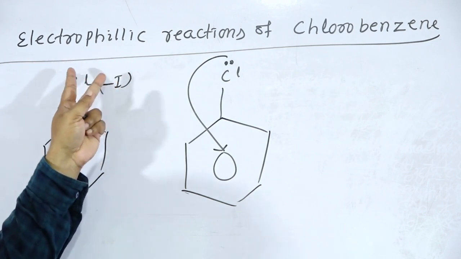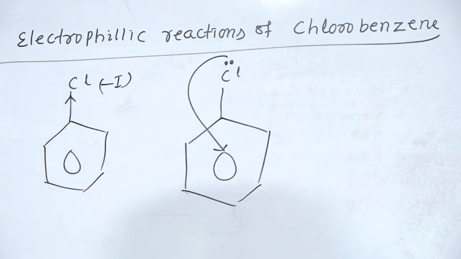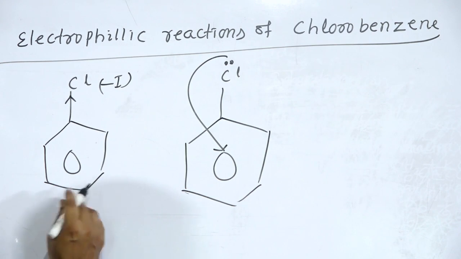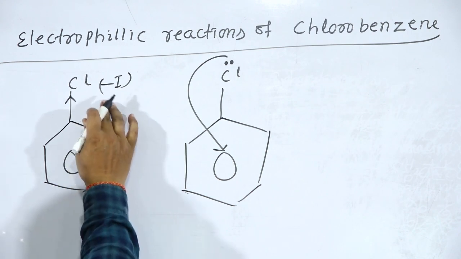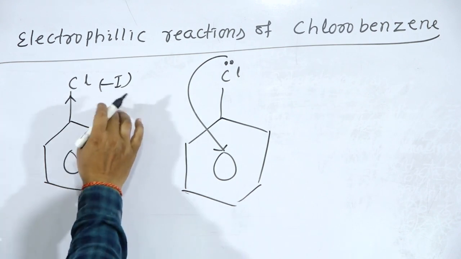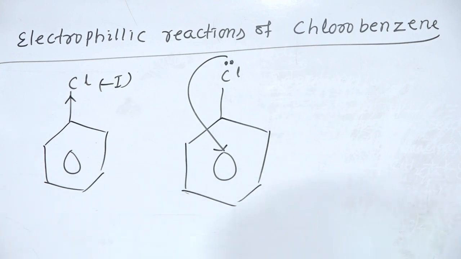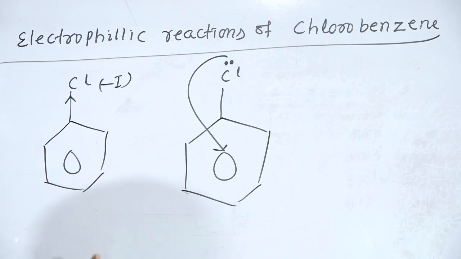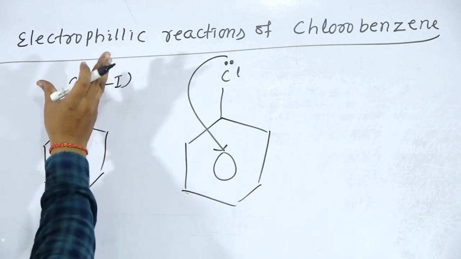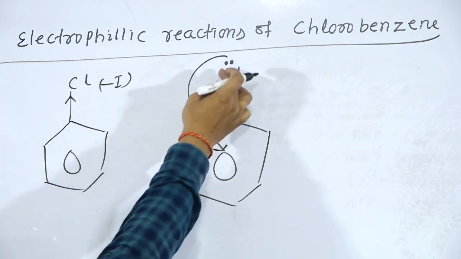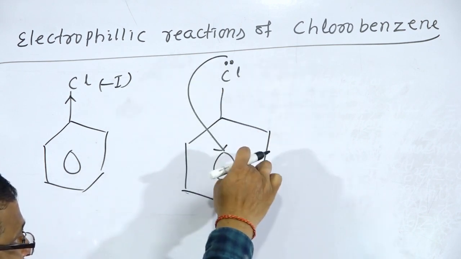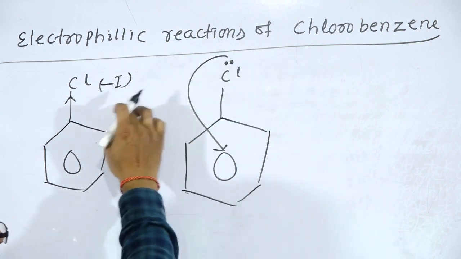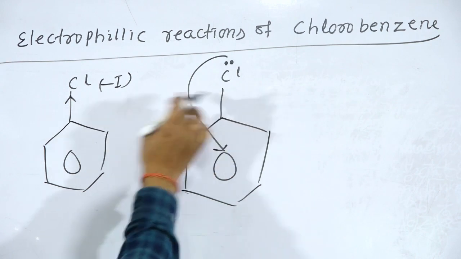Therefore, the presence of halogens in the benzene ring are electron withdrawing groups, that is minus I groups, in the reaction taking place in this case, electrophilic substitution reaction, which will withdraw the electron from the ring, and because of resonance, electron density increases in the ring. Two effects take place in the opposite direction.